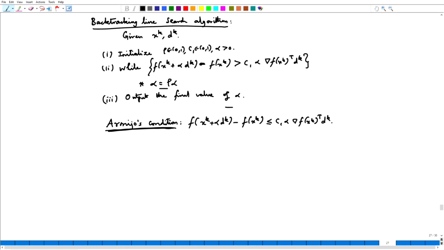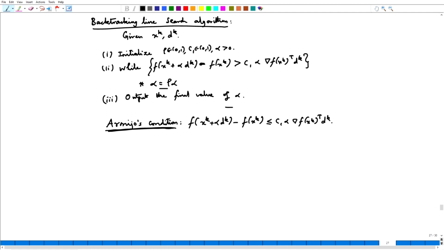What Armijo wanted to do is choose a value of alpha such that Armijo's condition is satisfied.